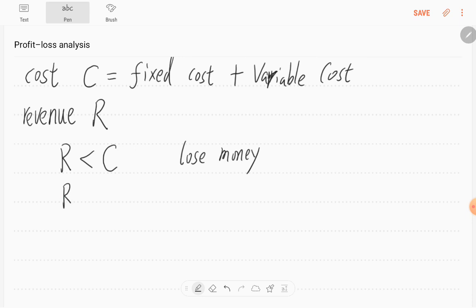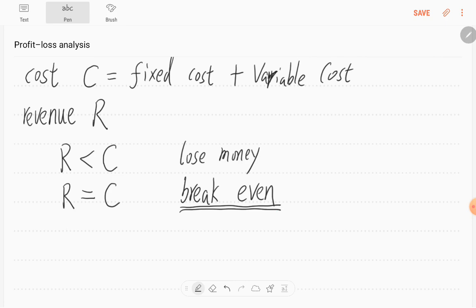If R is equal to C, the revenue is equal to the cost, which is called break even. So it's very important to find a point where the company breaks even, right?